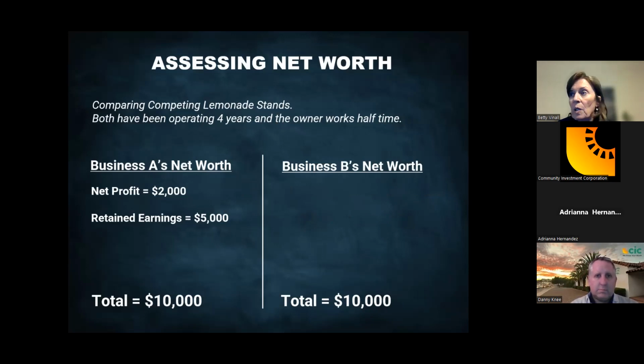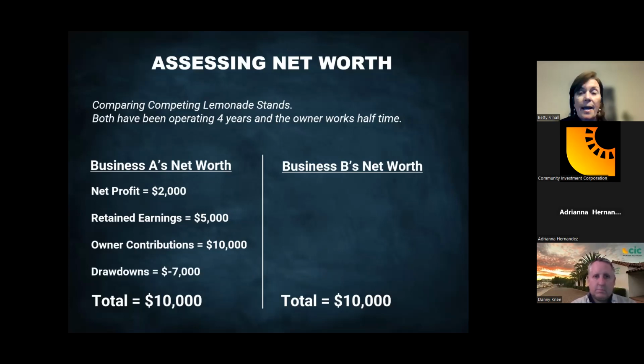So when we look up at the top and we know the business has been in business for 4 years, then the retained earnings is telling us that over the course of the 4 years, there was $5,000. The owner has put $10,000 of their money into the business. And over the 4 years, the owner has taken out $7,000.